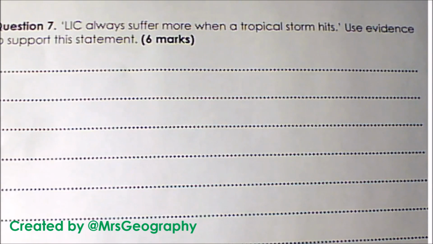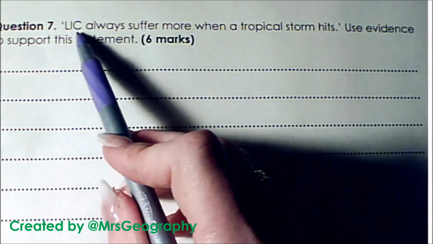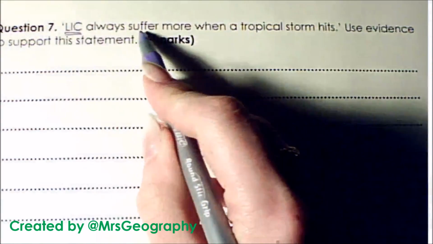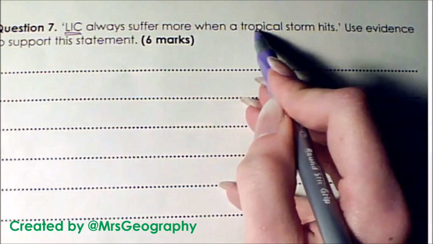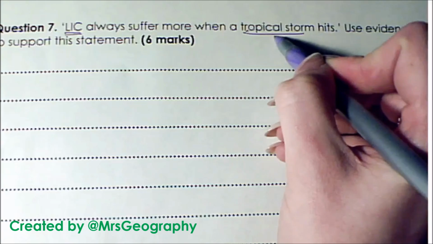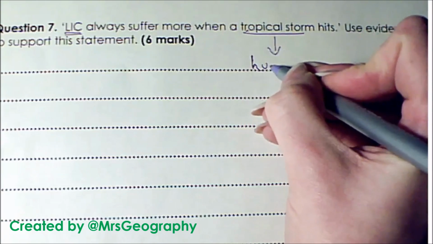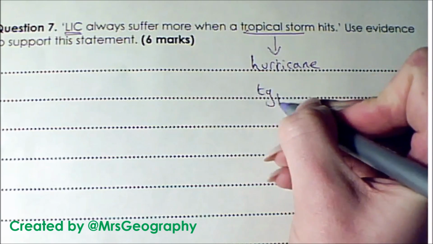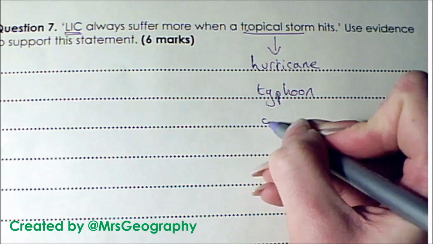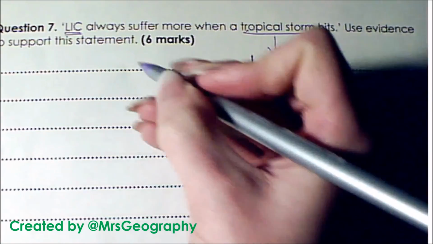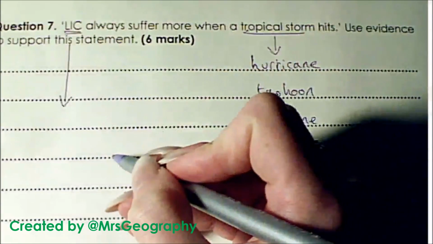Okay, this question is a bit different. This question has got a statement. So an LIC always suffer more when a tropical storm hits. So first of all, let's break this down. So we know a tropical storm is a hurricane, we know it's a typhoon, and we know it's a cyclone. So we know it's related to these 3 things. Now an LIC is a key word you need to understand in geography.